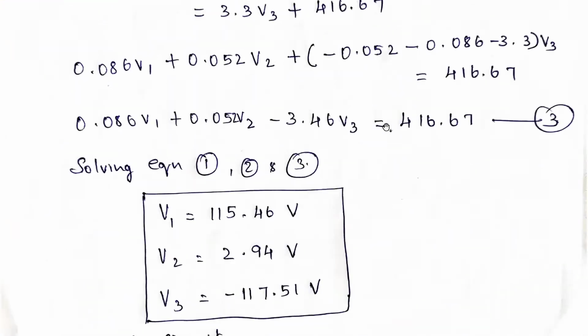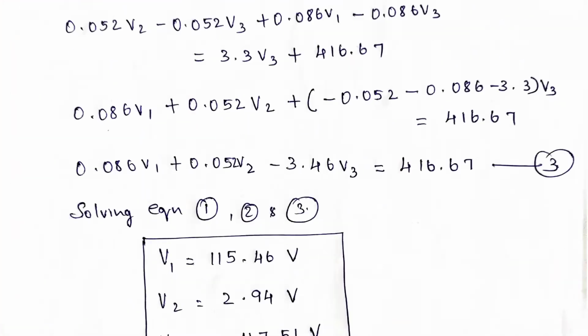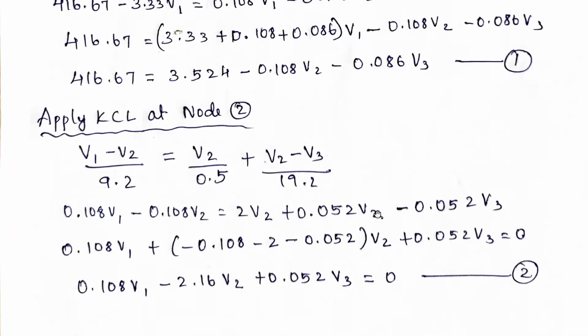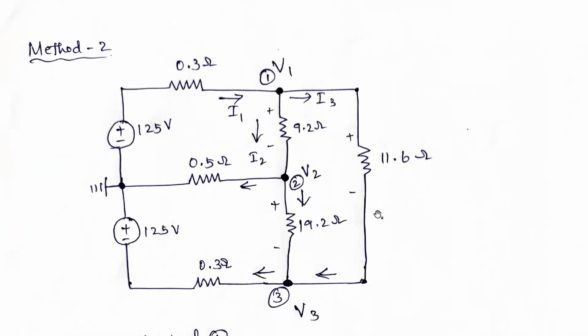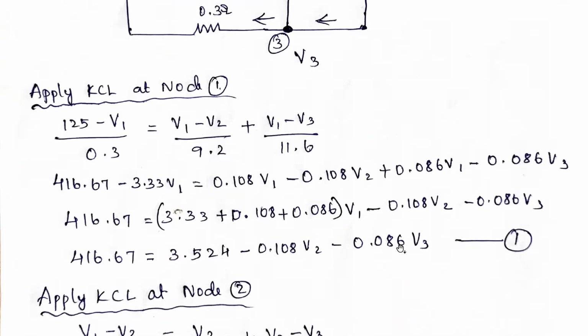So I have taken V3 plus 125 divided by 0.3. Next, I have taken V2 minus V3, so it is incoming now: V2 minus V3 divided by 19.2. One more current is also there, plus V2 minus V3 divided by 11.6.